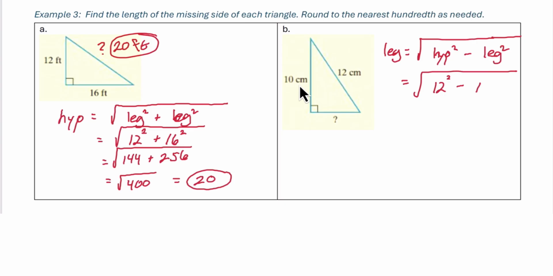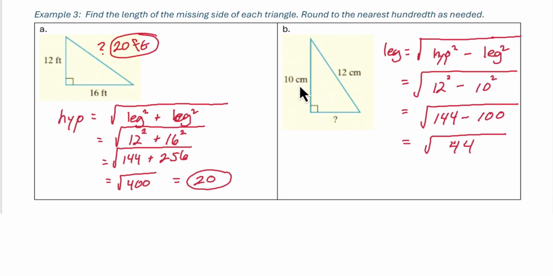So we have 10 squared for that one. First we have 12 squared, that's 12 times 12, which is 144, minus 10 squared. 10 times 10 is 100. 144 minus 100 is 44.